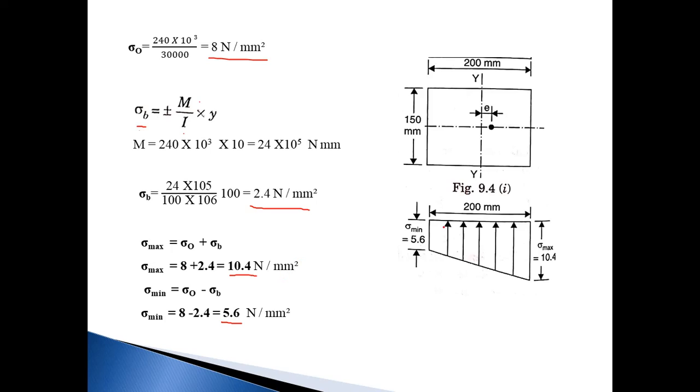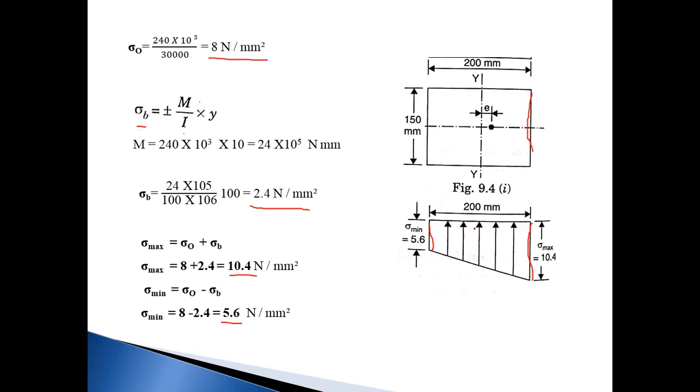Now draw the stress distribution diagram. First, basically this is the baseline. So the load is acting on this side, so maximum stress obviously occurs on this face. So that is sigma max, 10.4, and on this face the sigma minimum, that is 5.6. And this is compression.